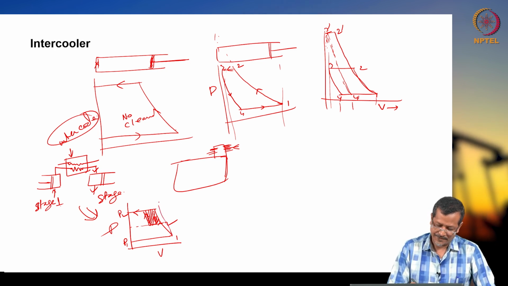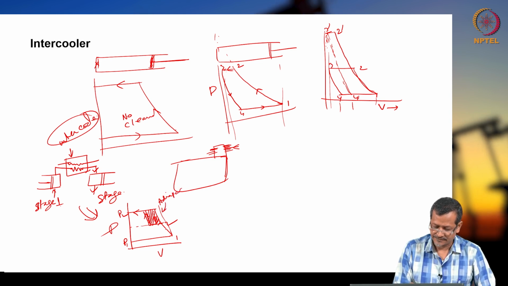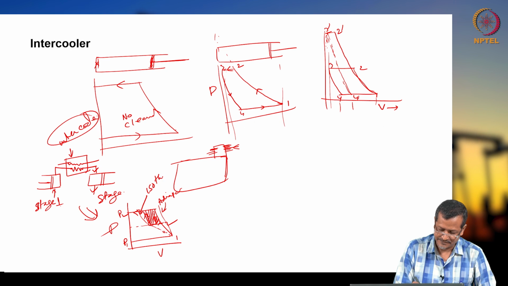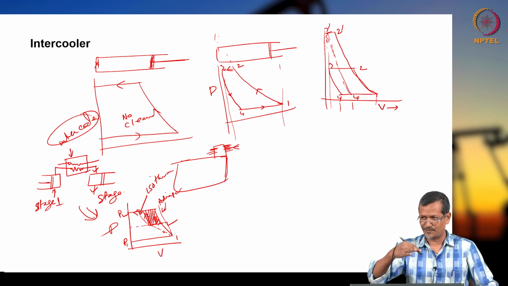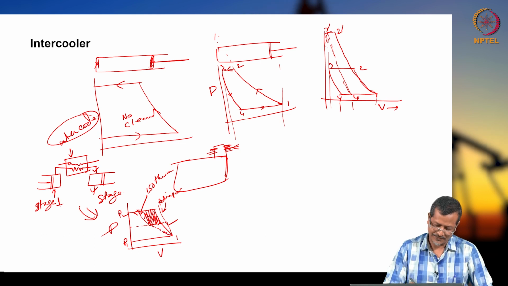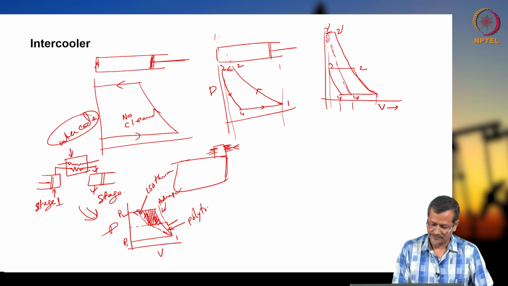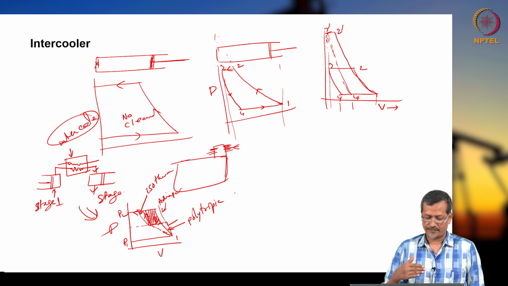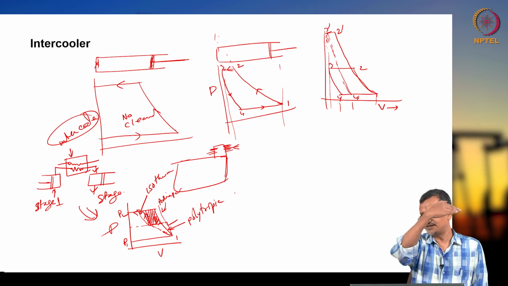If I draw, this will be adiabatic, and isothermal will be like this, because at a certain point you are making the temperature almost normal. So isothermal will be going like this, adiabatic, this is polytropic, okay. So you understood. So isobaric entry, compression will be polytropic, exit will be isobaric.